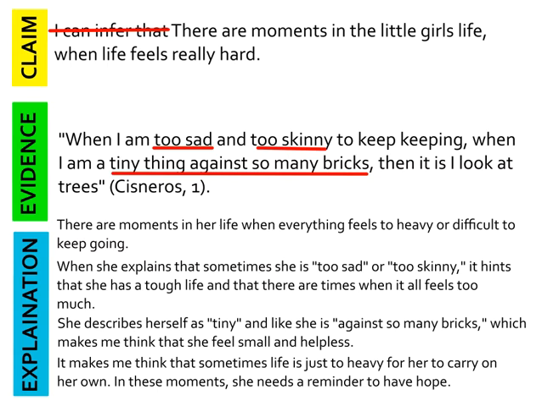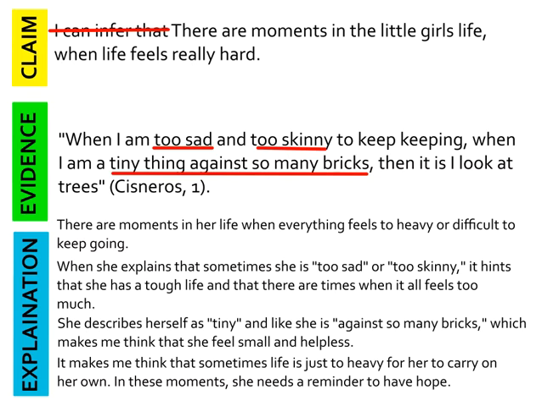So here's my explanation. It's 5 sentences long. In this explanation, I'm first explaining my evidence in my own words. I'm explaining the clues that I used in the evidence. And then I'm really making sure that I explain my process, my thinking in coming to this inference.